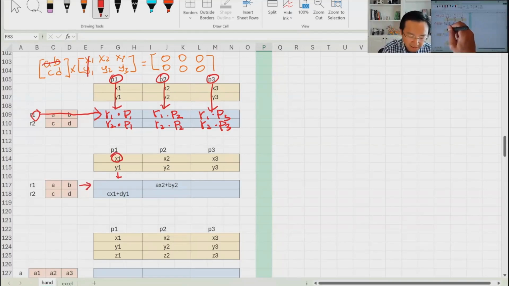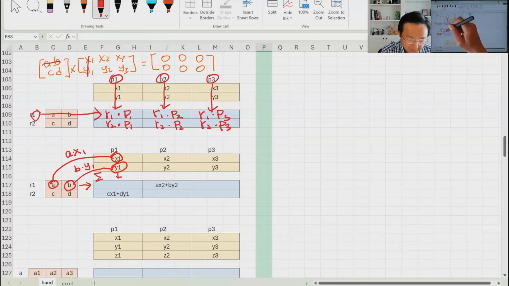I take this one and draw over here, and I get A x1, and for this one I get B times y1. This is how I visualize it. Then I just take a sum of these two, and I get A x1 plus B y1. This is how to calculate the value of this particular location.